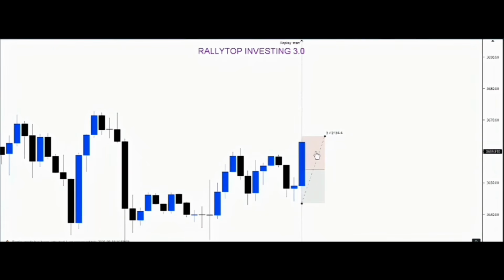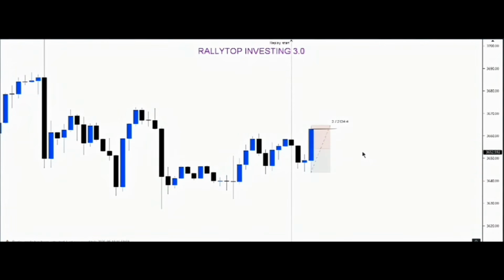Once it enters into the upper 50% level, you want to get to your lower time frame. But before you do that, mark out the close of this candle, which is here.